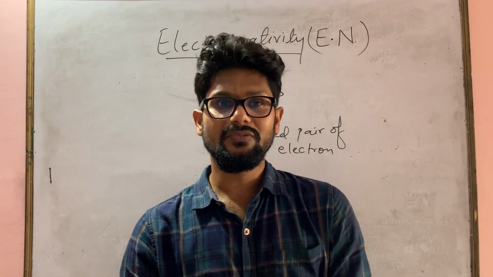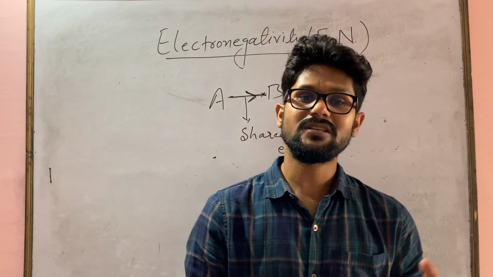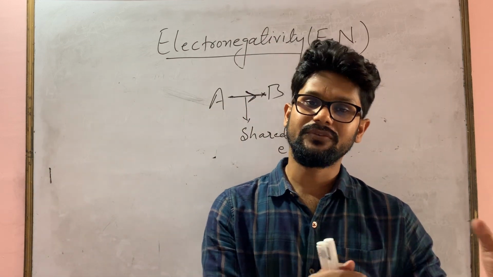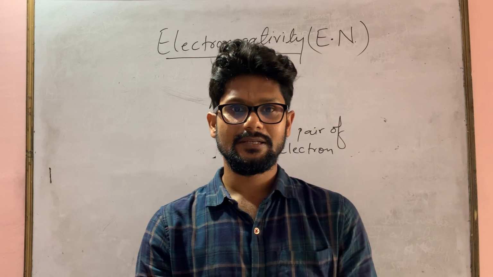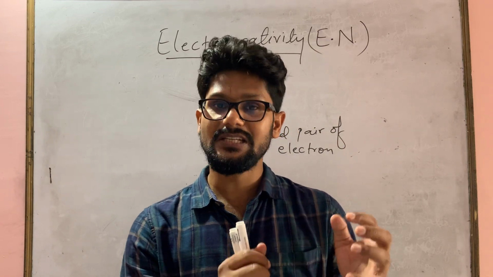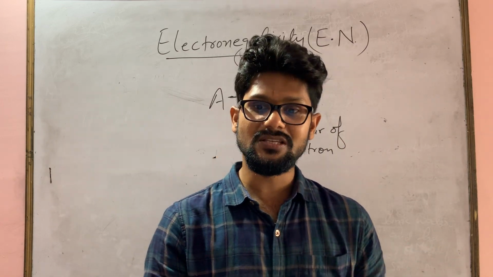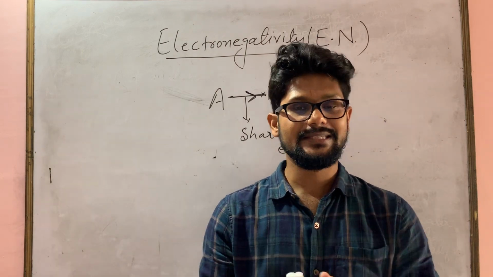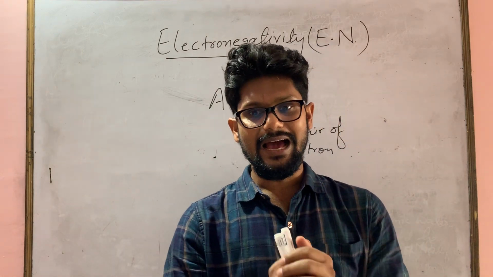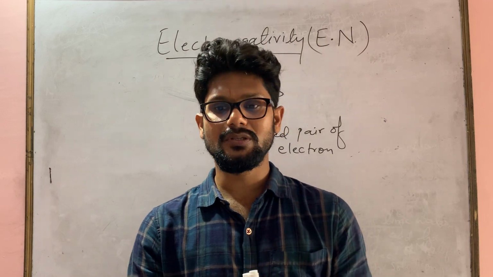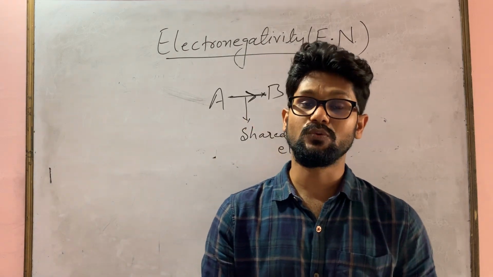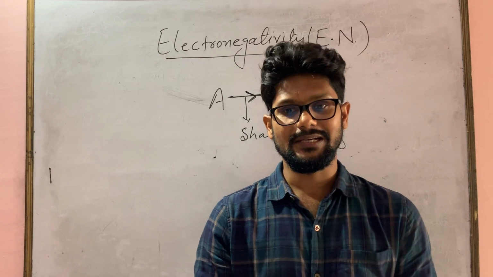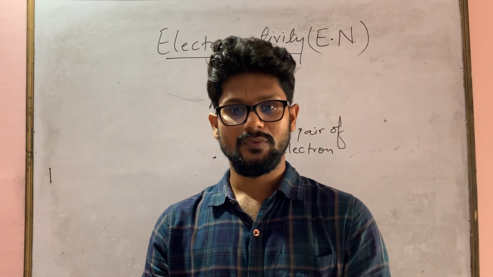The electronegativity values of different atoms or elements were measured by different scientists on different scales. But the most widely used scale of electronegativity was given by Linus Pauling.